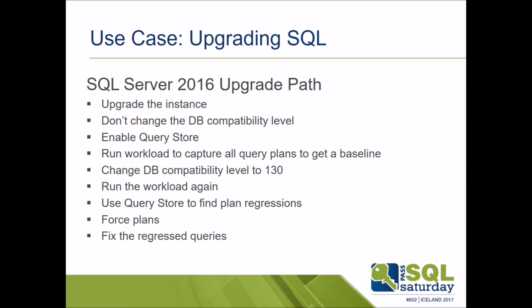Then change the compatibility level to SQL Server 2016, i.e. compatibility level 130, and then use Query Store to alert you on any queries which have degraded. As I'm sure many of you have found out, in SQL 2014 the query optimizer was completely rewritten and caused a number of issues for people when they were upgrading to 2014. So having this ability in SQL Server 2016 could make your upgrade plans slightly less painful.